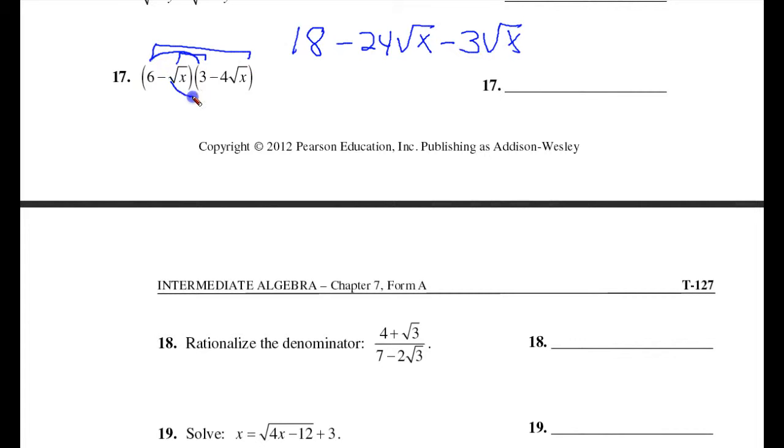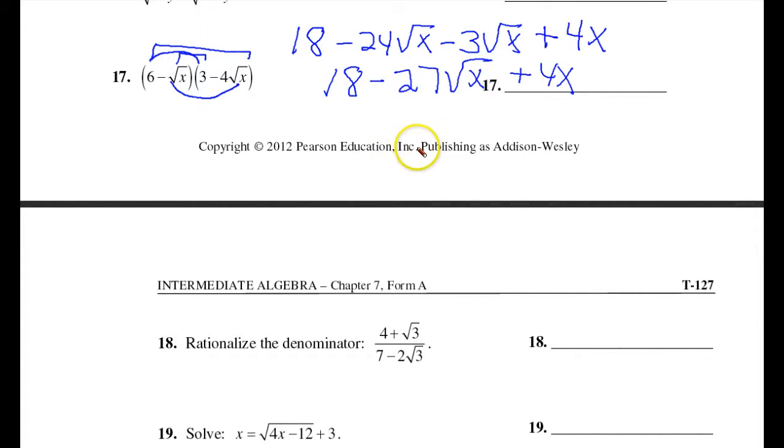And then my last will be a negative times a negative, so that'll make it a positive 4. Now this is going to be x squared. The square root of x squared just gives you an x. So we have like terms in the middle, so this will become 18 minus 27, the square root of x, plus 4x. And that is correct.